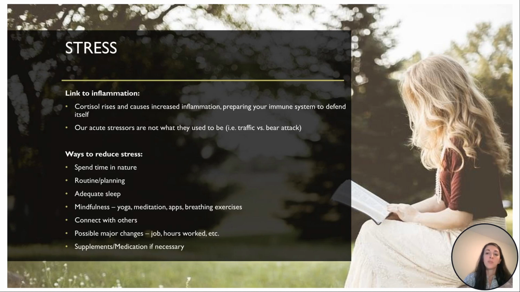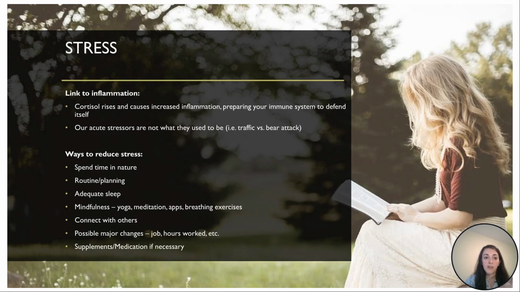So stress management is another big area that we want to do our best to deal with when it comes to inflammation. You may be familiar with cortisol, which is our stress hormone. Cortisol has a normal diurnal rhythm where it goes up during the day, a little up in the afternoon, but then it comes down and gets low enough that before bed, if you have a good diurnal rhythm of cortisol, it should be low while you're sleeping and then start to rise again early in the morning.